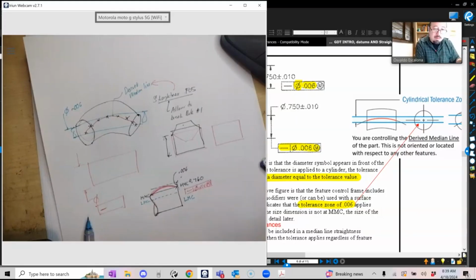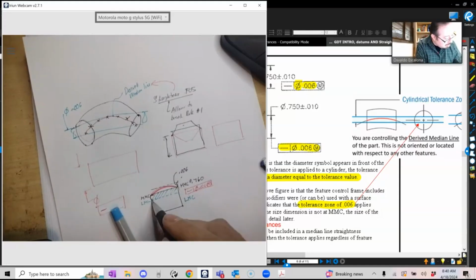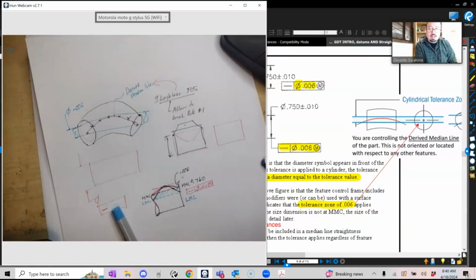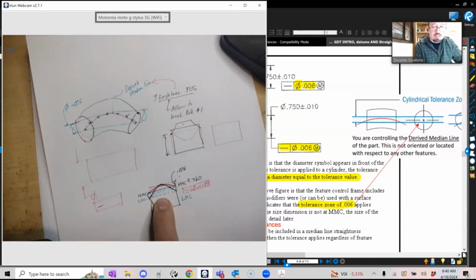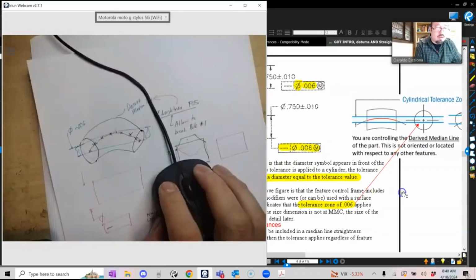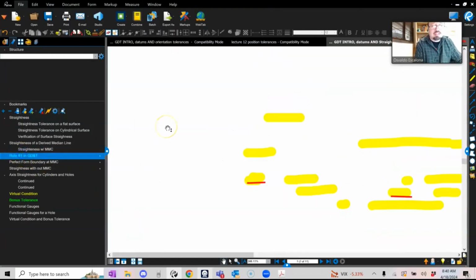Well, if your part gets away from MMC, it means it gets a little bit smaller in this case, I am allowed to have extra variation because now if I go all the way to LMC, my part gets to vary even more, right, in terms of form. So because I am moving away from MMC towards LMC, I get bonus tolerance in terms of straightness for my derived median line. Hopefully that makes sense. This is rule number 1.